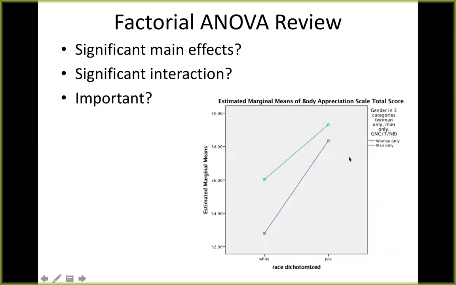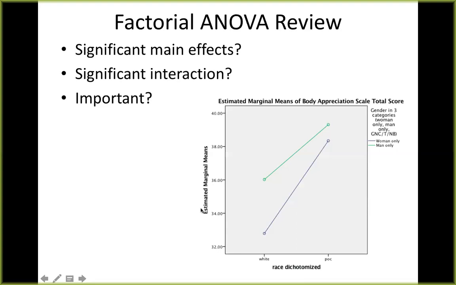So in cases when we do find a significant interaction and we have to go in and do a little digging to figure out where it is, essentially what we would do is split the file and run two different t-tests. So if we were to find an interaction here, such that, for example, let's say that these white women over here had really, really high body appreciation, but women of color had really low body appreciation.